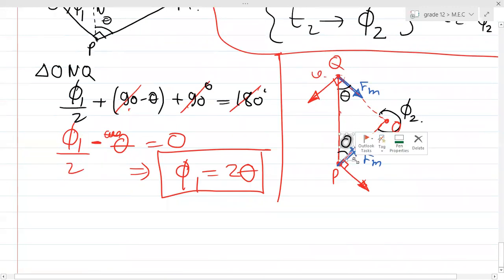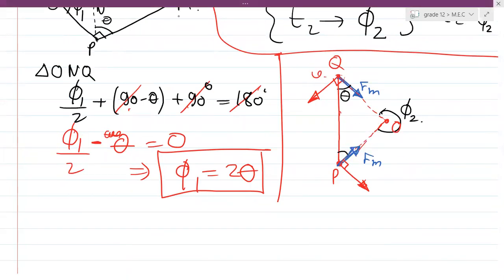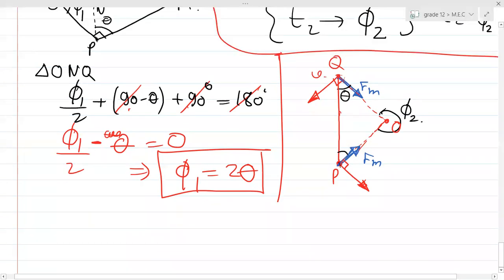Where is my mistake? So in this case, guys, this angle was theta, the one which it makes with horizontal, right? The one which it makes with vertical, and this angle was theta, right? So if this is theta, this is 90, then this should be 90 minus theta, right? Similarly, if this is theta, then this should be 90 minus theta.